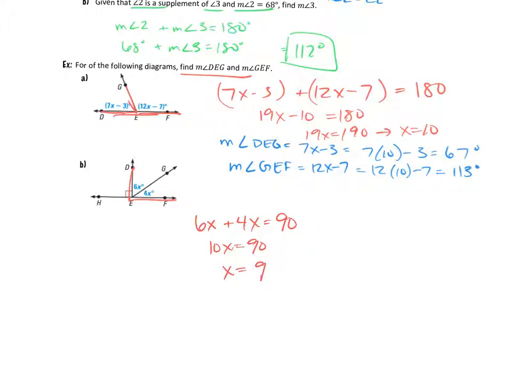From there, I'm going to solve for the measure of angle DEG, because that is 6x, or 6 times 9, which equals 54 degrees. And then the measure of angle GEF equals 4 times 9, or 36 degrees.